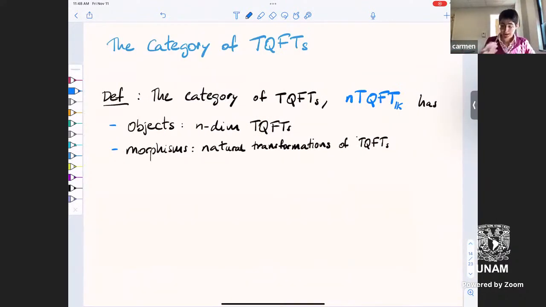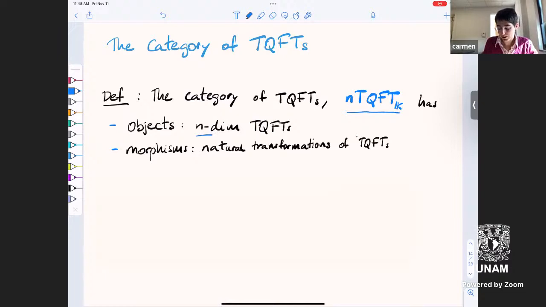Okay, so what do I need? It's not all of TQFTs that we're going to be talking about. We just need to understand invertible TQFTs. If you're thinking of the whole category of n-dimensional TQFTs, the notation we gave ourselves for that was n-TQFT, where your ground ring is K. That category has objects the n-dimensional TQFTs.